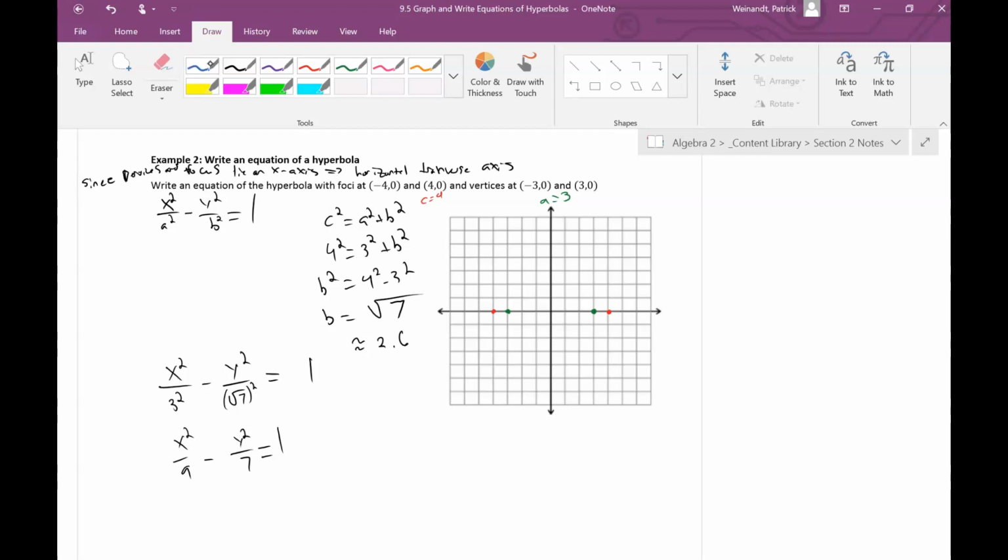And actually, just for the heck of it, I'm going to graph this. Since we have the b value, we know that it's about 2.6. Well, I can go 1, 2, it's about here.